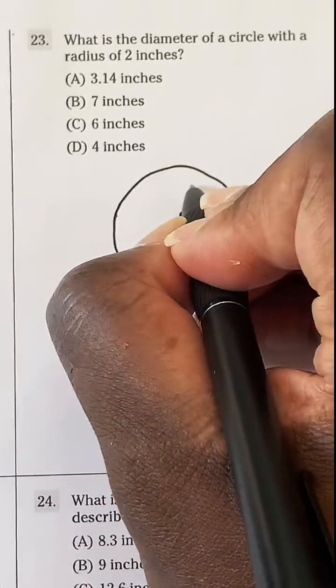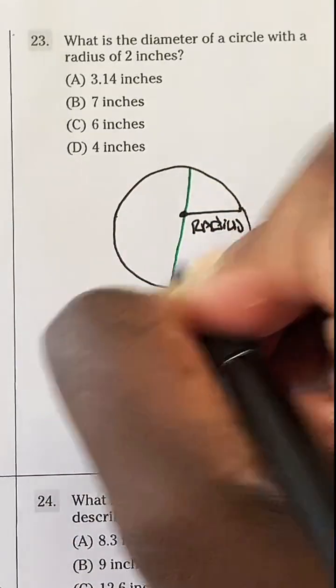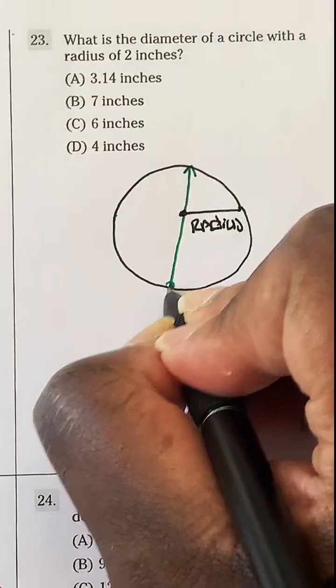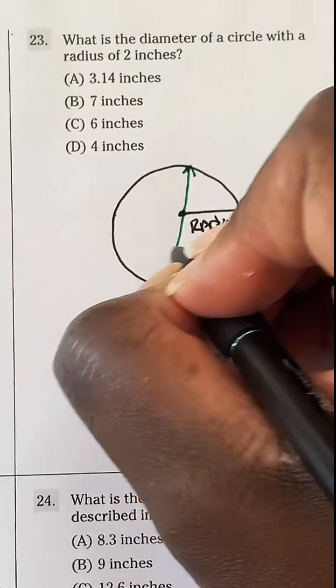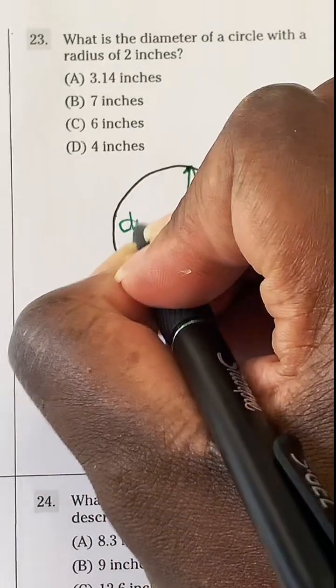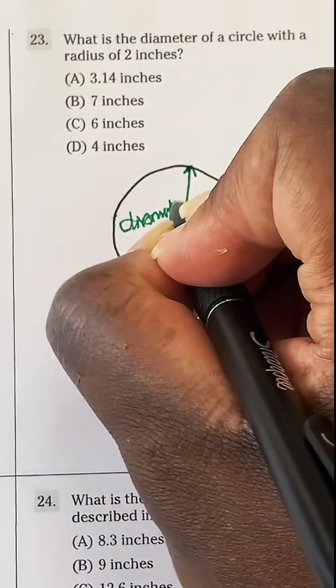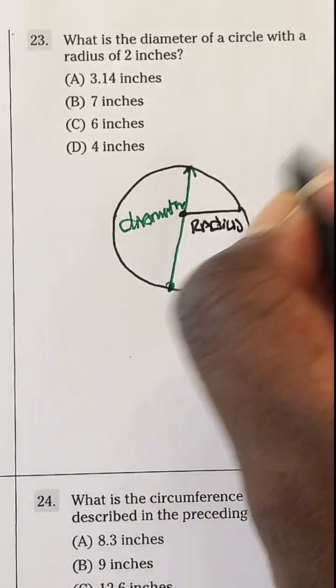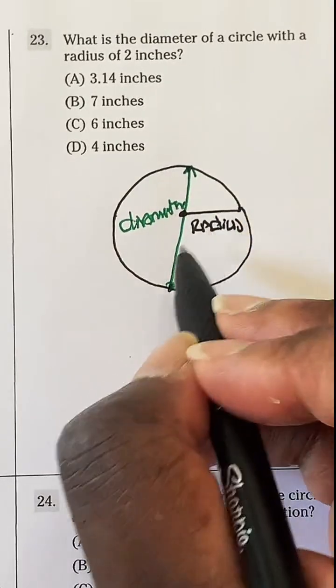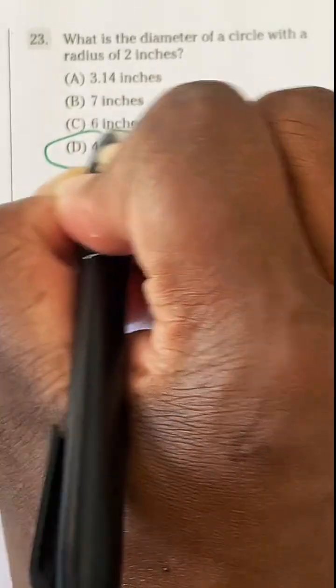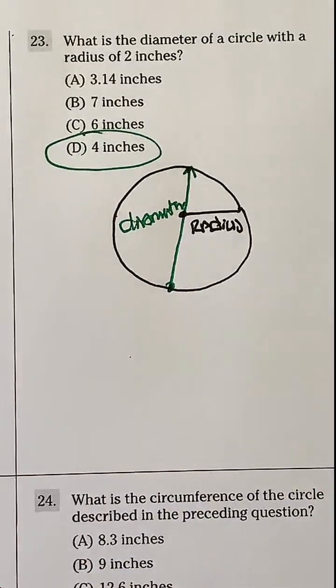Your diameter is the full length. So if halfway is 2, that means the full length will be 4. Hideous picture, but we got the idea. Hopefully.